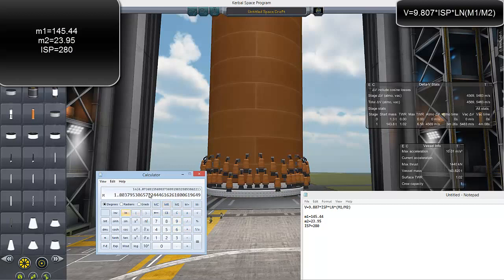Then times the rest of it, the specific impulse, 280, by 9.807 or 9.81. I prefer to do the exact numbers if possible.